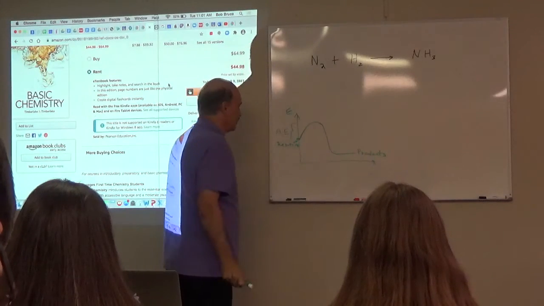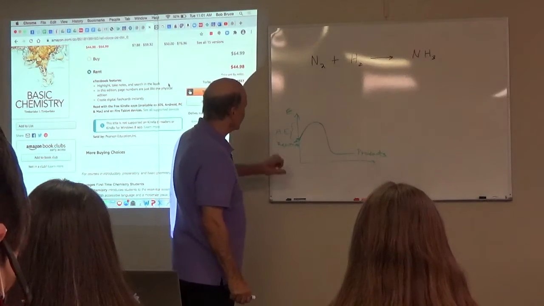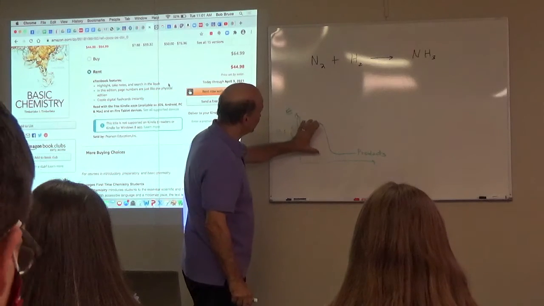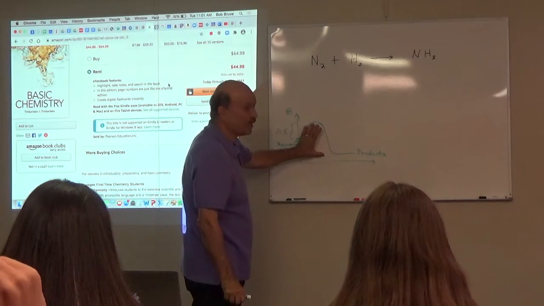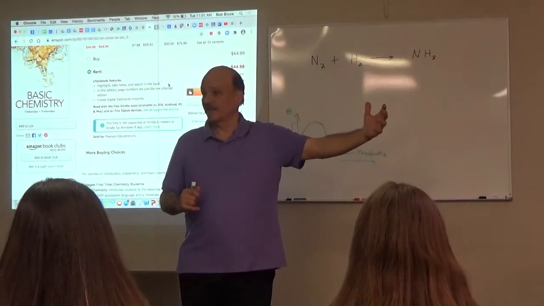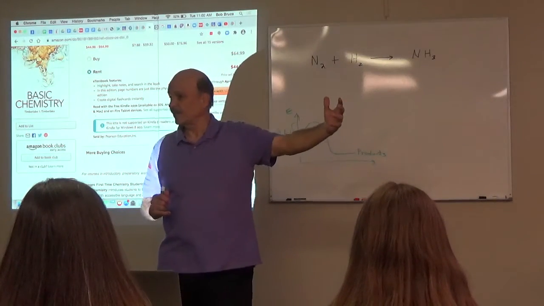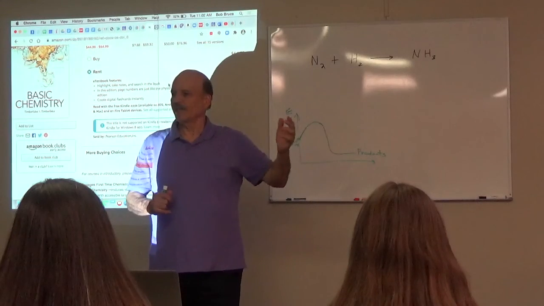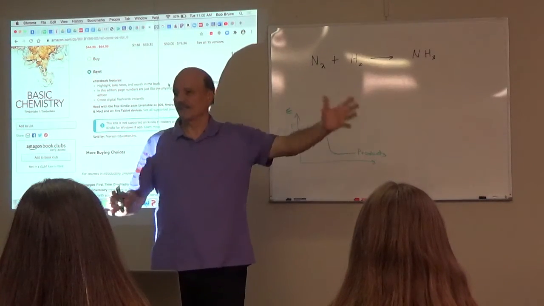That's what we start with. So you can see this is the amount of energy to break the bonds, and this amount of energy is released when you form the new products. So if it takes so much energy, but then gives off more energy once you get it started, that's called exothermic. It's giving off heat.